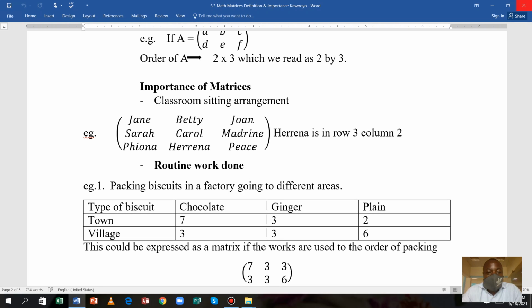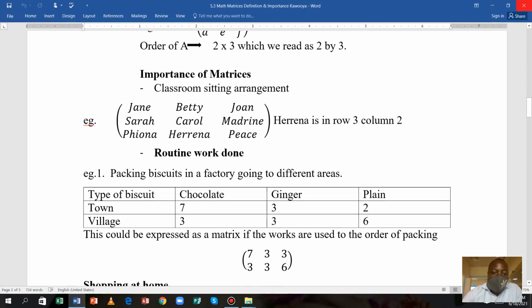If you look at a class having Jane, Sarah, Fiona, Betty, Carol, Helena, Joan, Madeline, Peace, Helena has a particular position. She sits in row 3, column 2. So matrices can help us to identify the position of a person in a classroom.